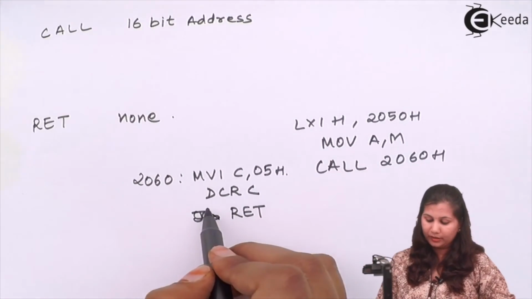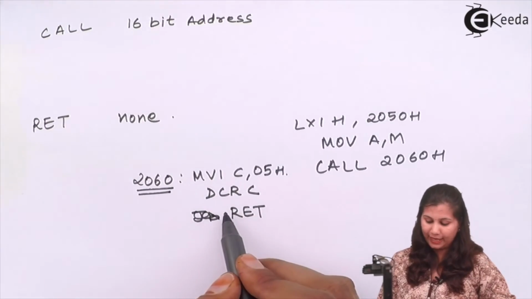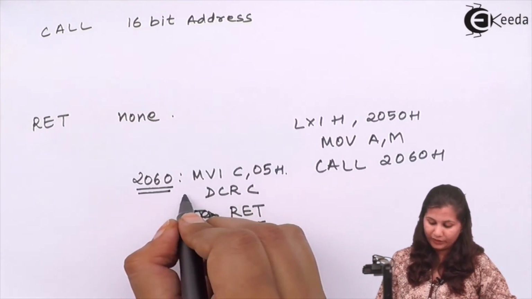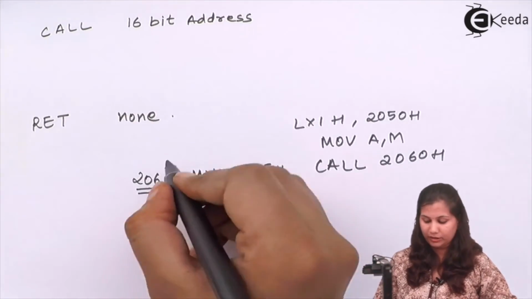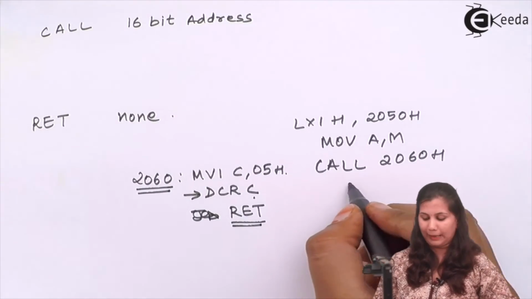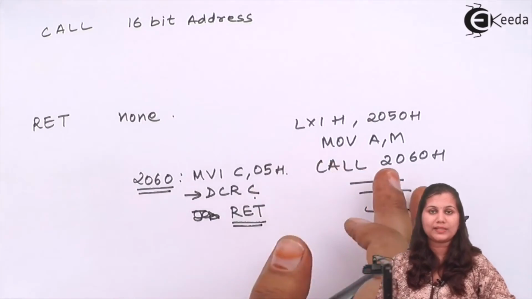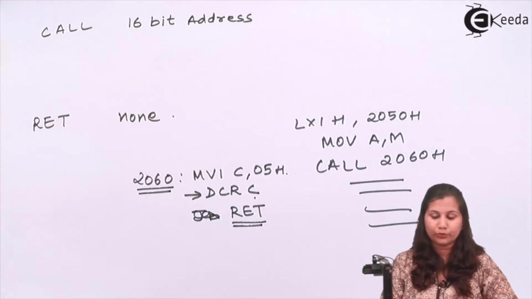So we are calling a subroutine which is written at a different memory location, and in that subroutine we have written the last instruction as return. So when the DCR instruction is executed and it comes to return, it will again come back to the main program and execute further instructions. Okay, so this is how a subroutine is called and how the return instruction is used.